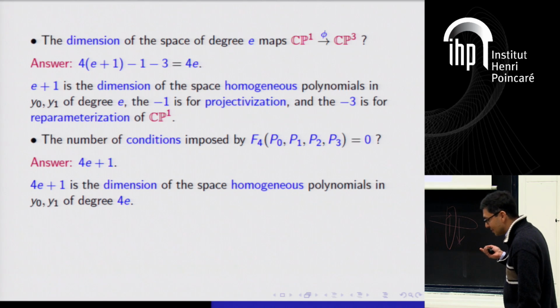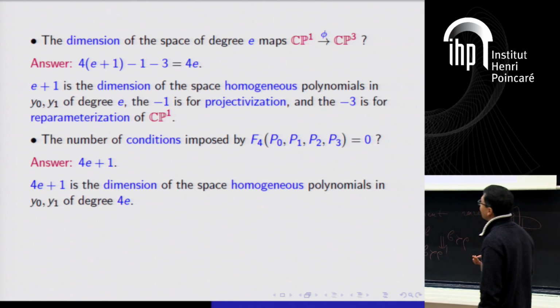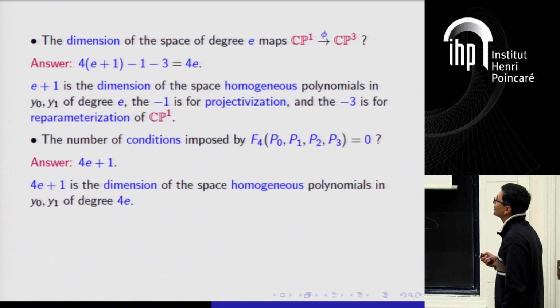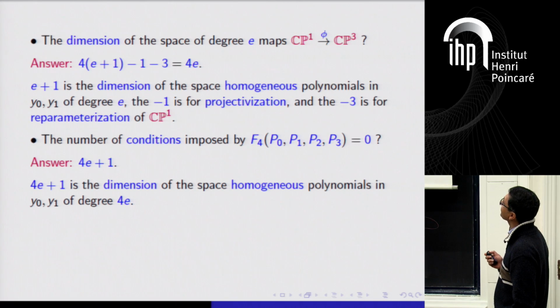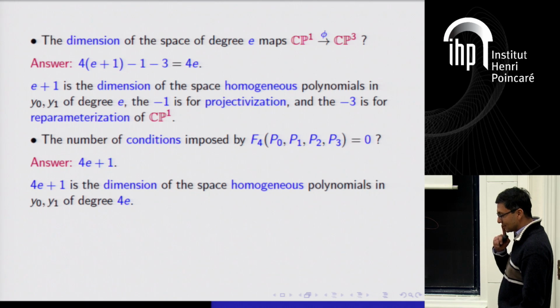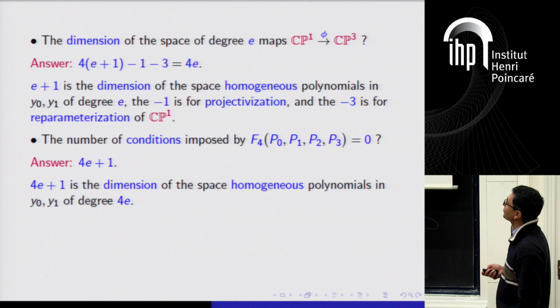So this is an elementary calculation, I'd say more or less high school algebra, that says if I want to find this rational curve on this quartic, I have this many dimensions and this many conditions. And so you see the number of conditions exceeds the number of dimensions by exactly 1, and the matter looks unfortunate for finding a curve.